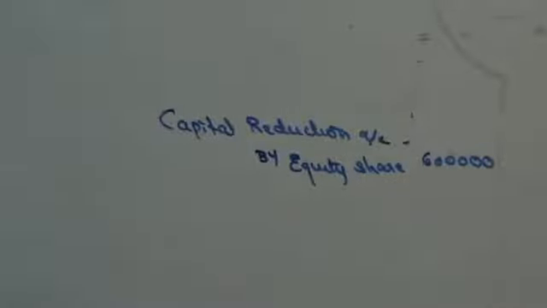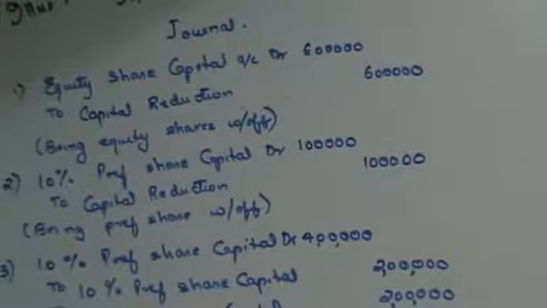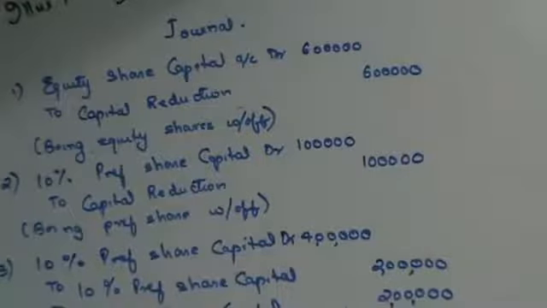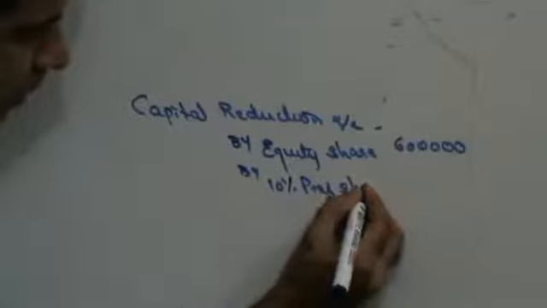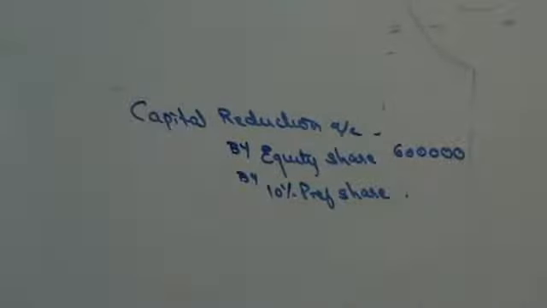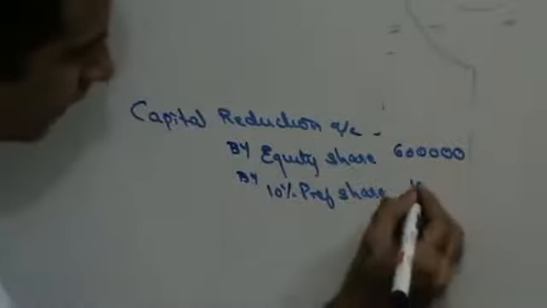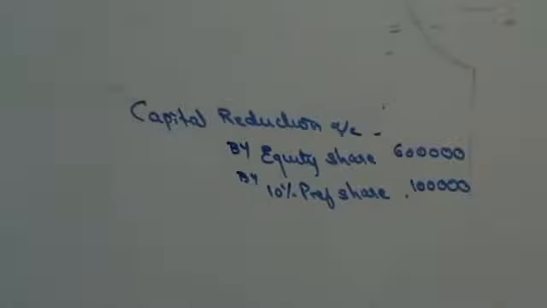Right? Second journal entry also you have capital reduction on the credit side. Since capital reduction is on the credit side, you will make the entry on the credit side by 10% preference share capital, that is going to be 1 lakh. Next, third journal entry, there is no capital reduction.